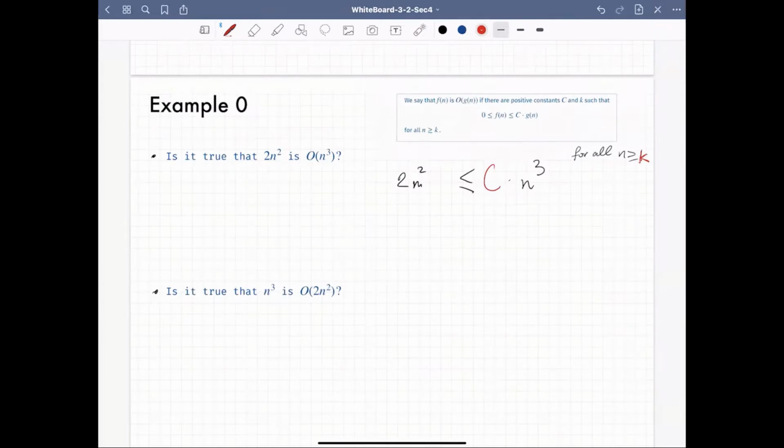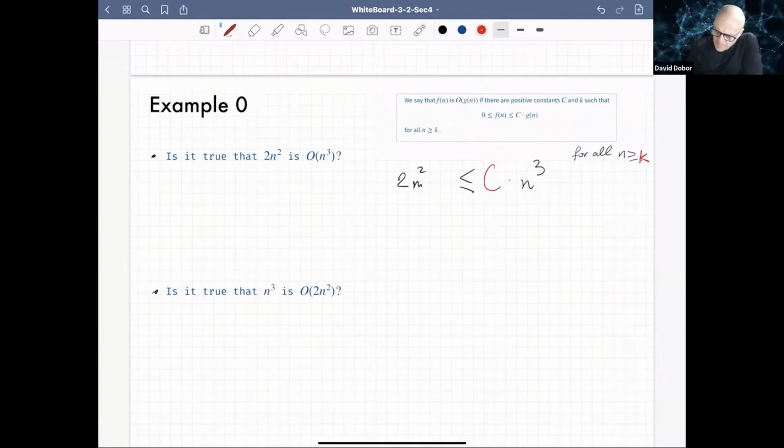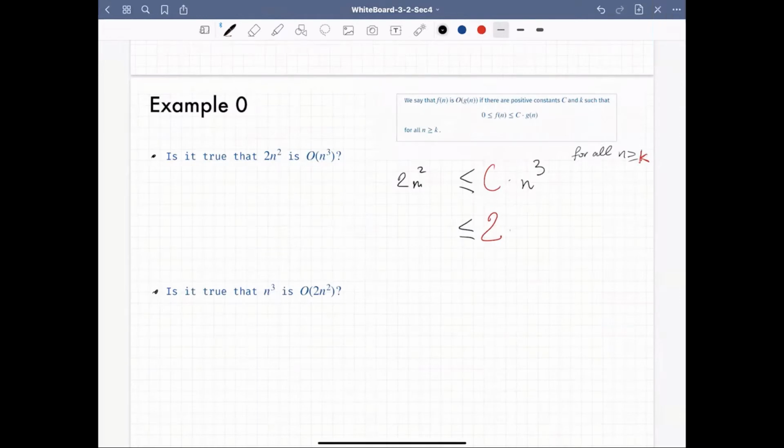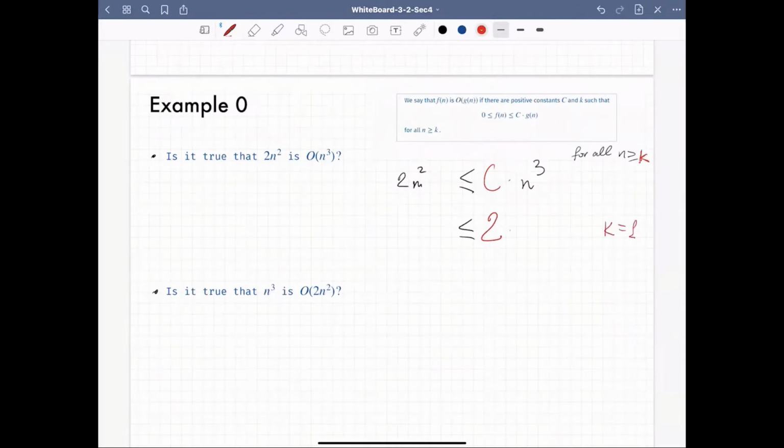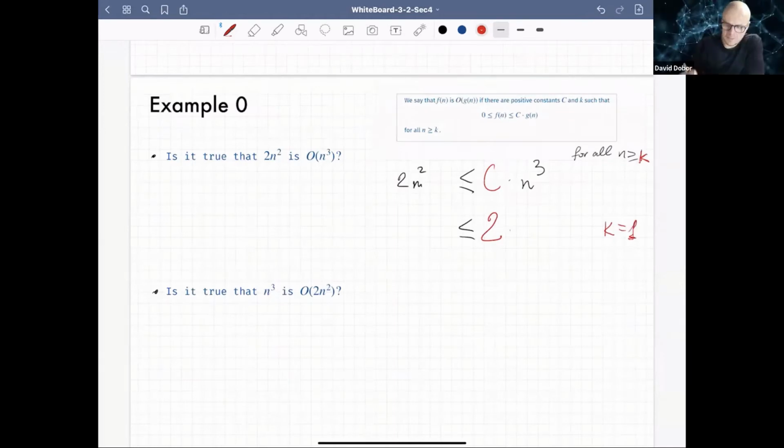Let's make c 2. So we make c 2, then what happens? For which n's does that work? For all n's. I guess we say greater than or equal to 0. Yeah, exactly. So let's start with k equals 1. It's true.